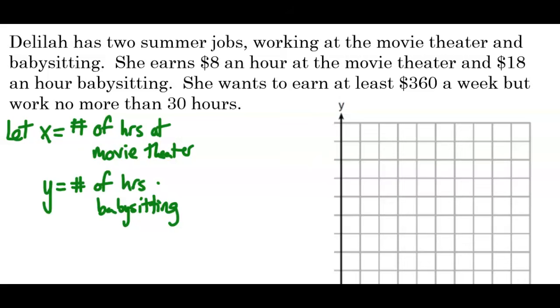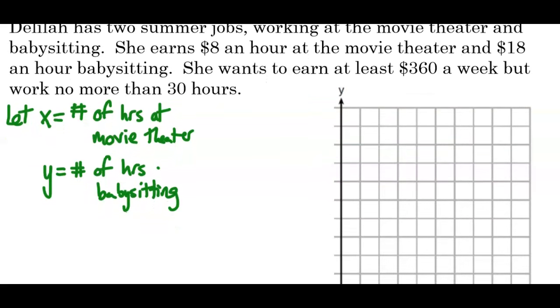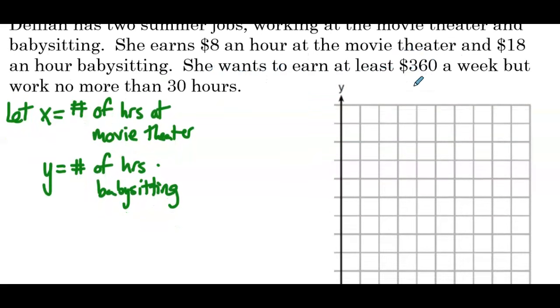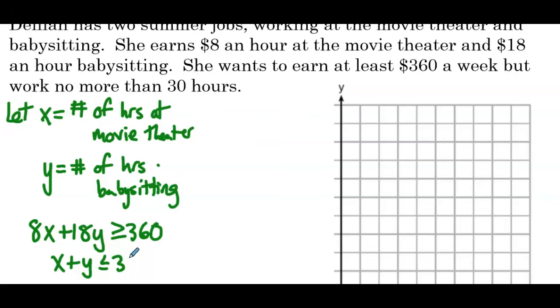Now we need to set up our system of inequalities. She wants to earn at least $360 a week. She's going to make $8 an hour at the movie theater and $18 an hour babysitting. So that means 8x plus 18y needs to be greater than or equal to 360. And she doesn't want to work more than 30 hours, so x plus y has to be less than or equal to 30.